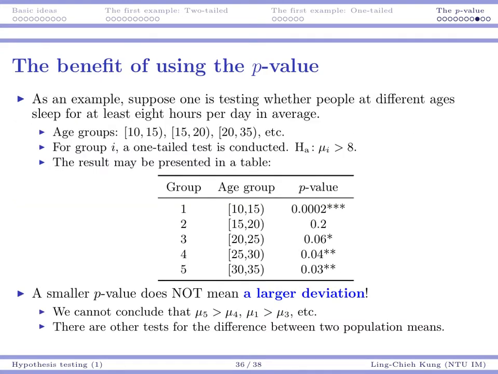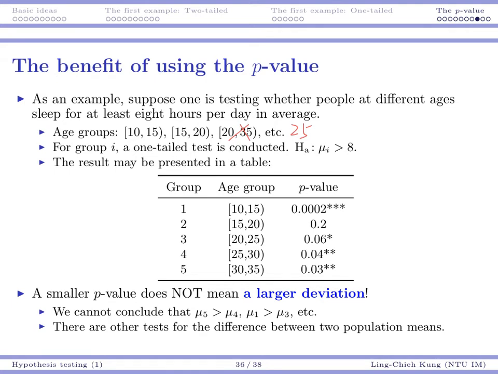As an example, suppose I want to test whether people at different ages sleep for at least 8 hours per day on average. So I divide people into different age groups, 10 to 15, 15 to 20, 20 to 25, etc. I have 5 groups here.